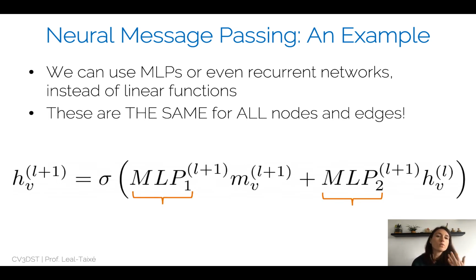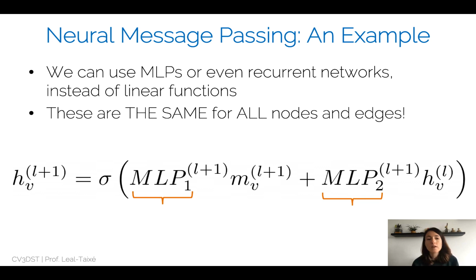And so the really cool thing about this formulation is that it's very general, right? These weights that we're multiplying with our message and with our previous embeddings could be anything, could have any shape. We could have an MLP, or we could have a recurrent neural network. We could have any kind of operation we want in there, depending on what is the shape of our message and what is the shape of our embedding.